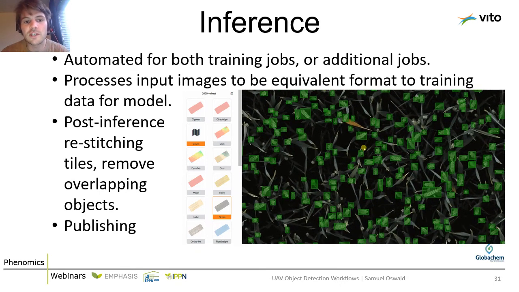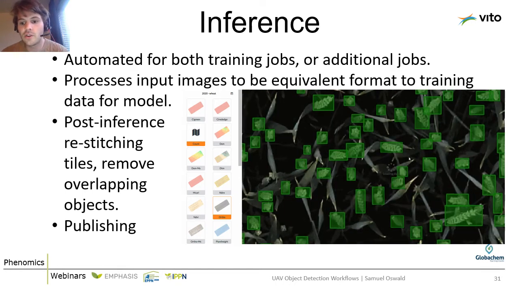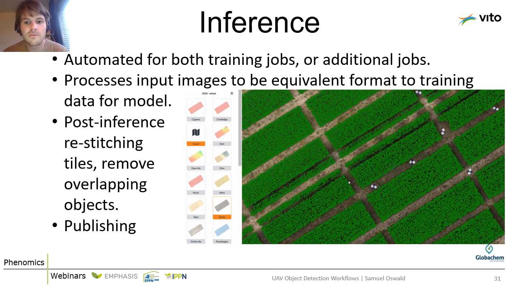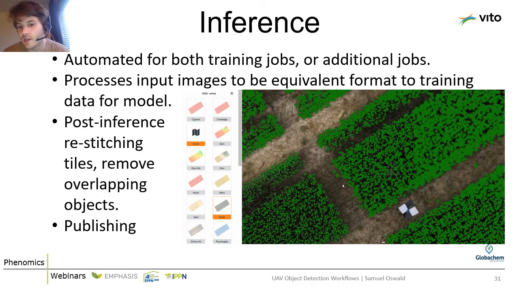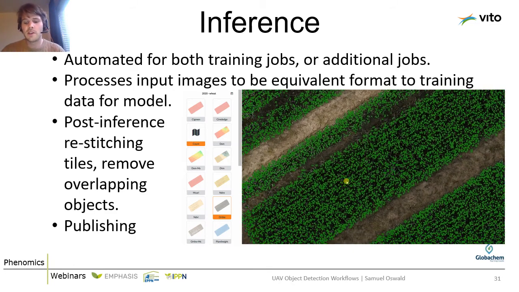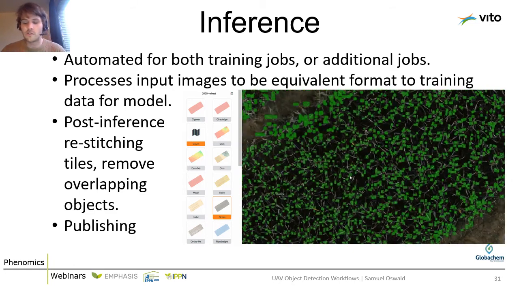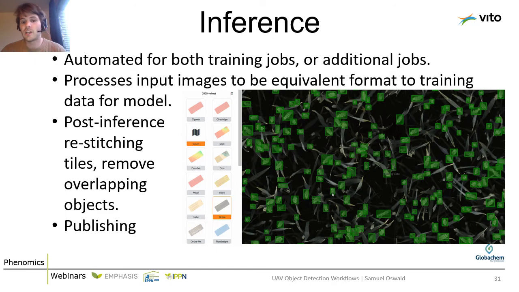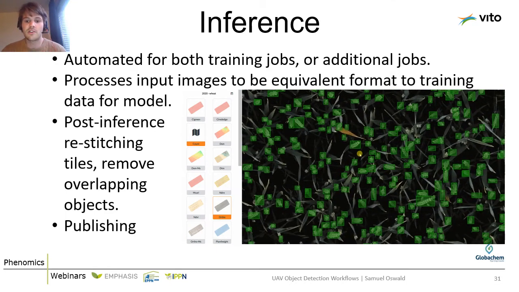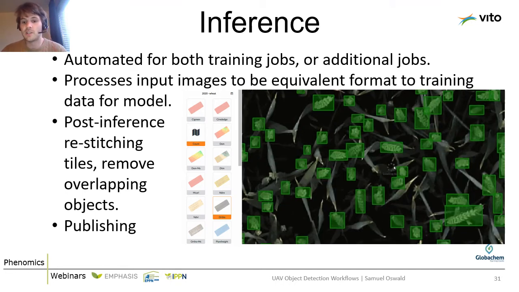So the inference is automated for both training jobs. By default, if you train, you will likely want to do inference on it afterwards, or for additional jobs if you already have a good model. It processes input images into an equivalent format to the training data for the model. It does things like the restitching of tiles, since generally the images that you input, either from a drone or an orthomosaic, are going to be far too big for GPUs to handle in these kinds of models.